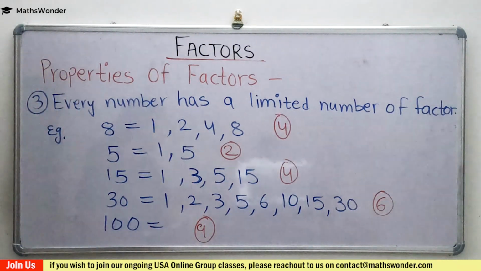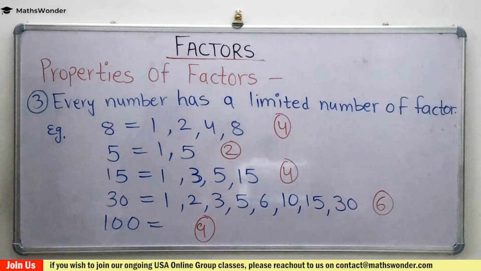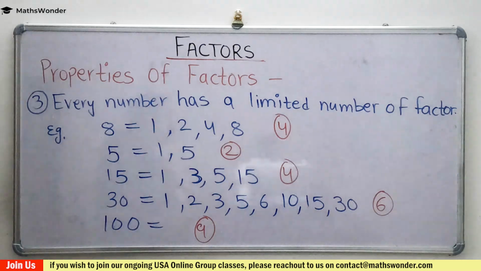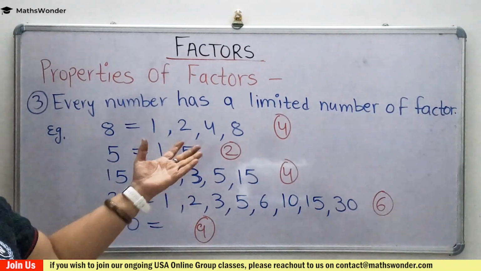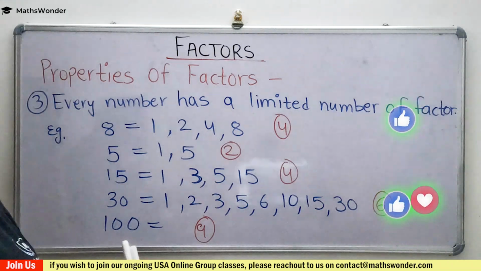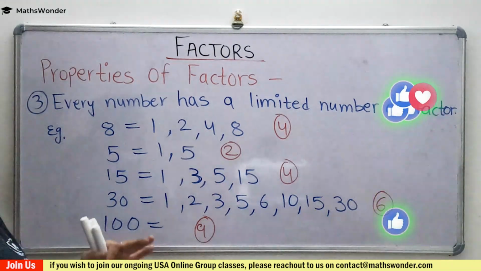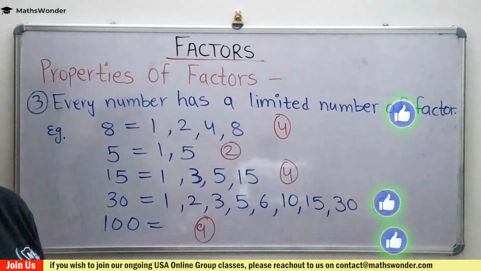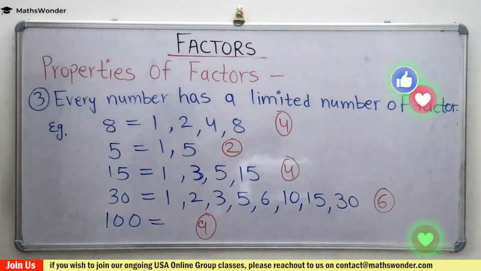So it's countable. We can easily count the factors. I am explaining these properties now because we will do the same property in multiples, and that is absolutely opposite. In multiples there are an infinite number of multiples. Factors are limited, multiples are unlimited. Factors have different properties, multiples have different properties.